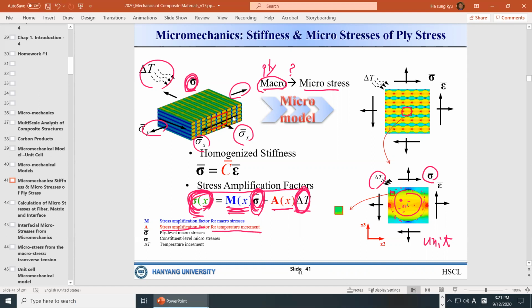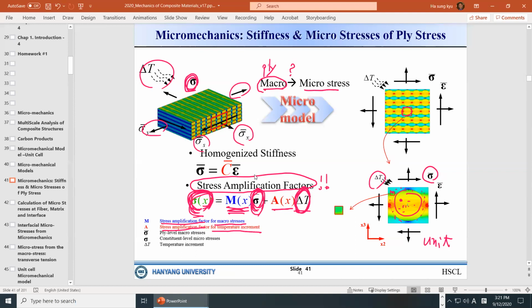And again, M is the most important stress amplification factor for macro stresses. Okay, so that's the concept of the amplification factor. Through micromechanics, we would like to have these stress amplification factors.